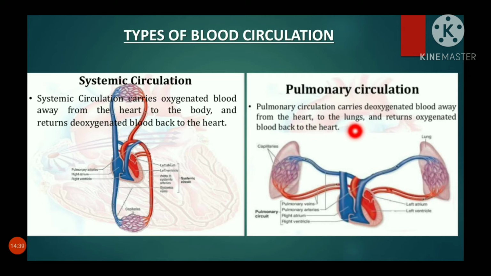That purple color pipe I showed you in the internal structure of the heart returns oxygenated blood back to the heart. Did you understand? The red color showing the outside arrow is the systemic circulation. The purple color pipe is the pulmonary circulation.